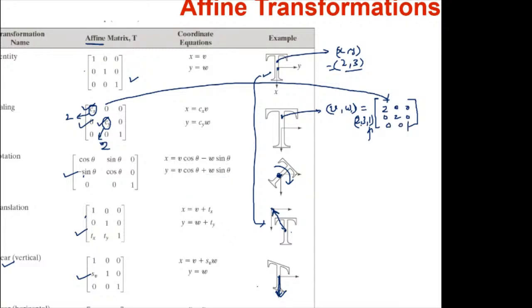And I know the old coordinates of a point. That way I will be able to calculate the new value of the x coordinate and the new value of the y coordinate. By just matrix multiplication, as you do, you will get the new coordinates.